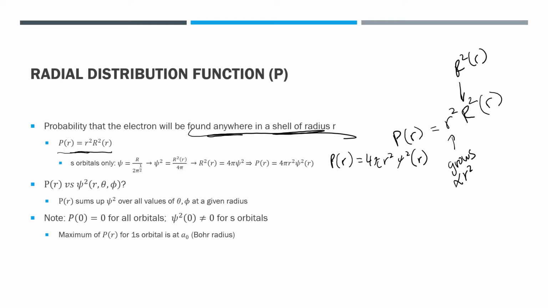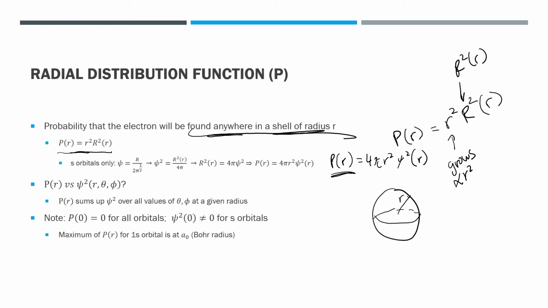So if I take my psi squared of r at a specific radius, and sum that probability density over the entire surface area of the shell, which is 4 pi r squared, I should get my P of r.